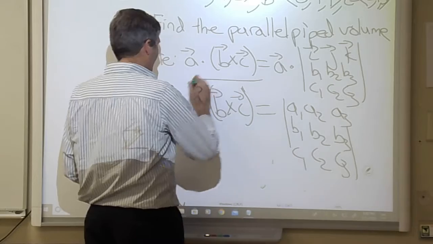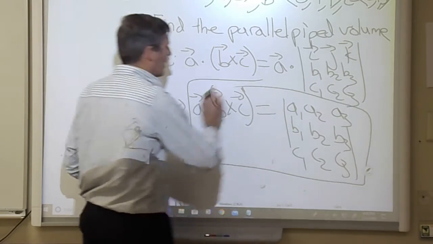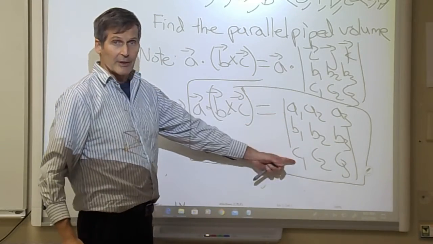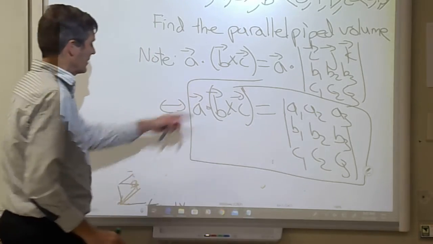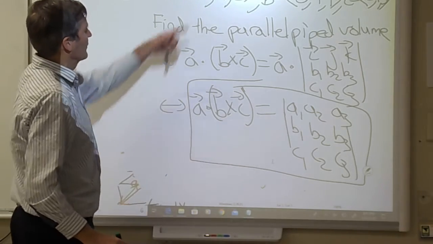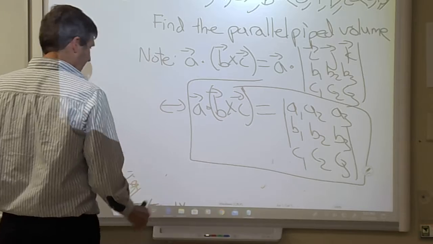Consequently, this is a fast formula for the scalar triple product. It's just the determinant. So that determinant has that nice interpretation. It's the scalar triple product. It gives you the volume of a parallelepiped.